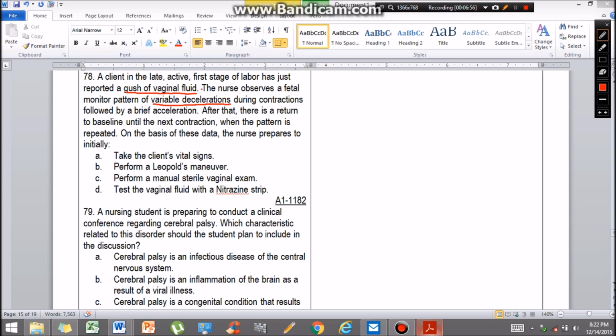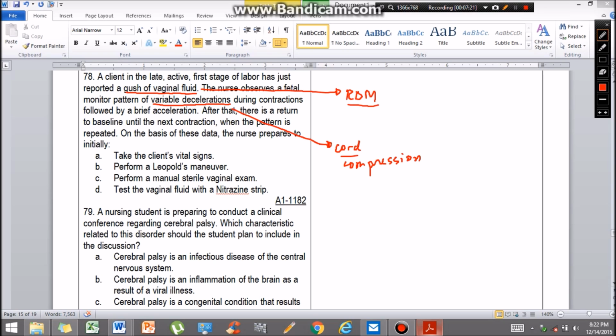Now, going back to the situation, the client had a sudden gush of vaginal fluid indicating rupture of membrane. Now, after this, the client showed variable deceleration, which means there is cord compression. Now, what is the relation between rupture of membrane and cord compression?